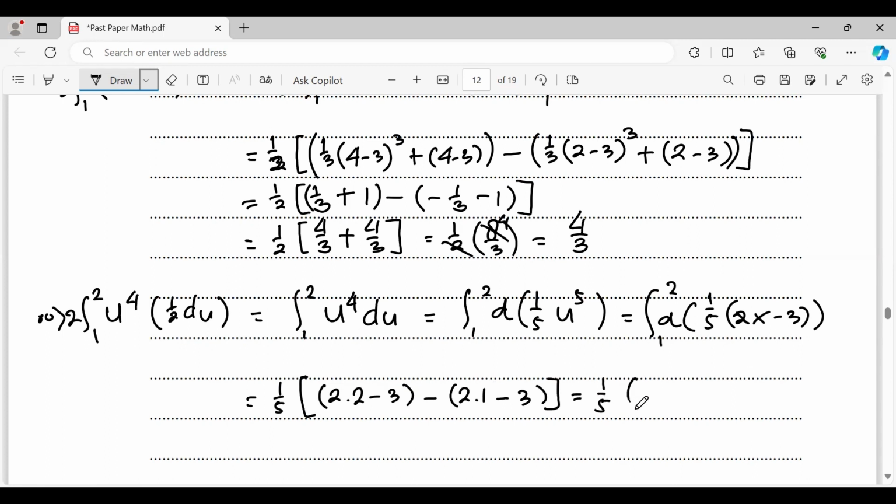It becomes 1, and then 1 minus, yeah, 4 minus 3 is 1. This is 2 minus 3. It's 1. 2/5.